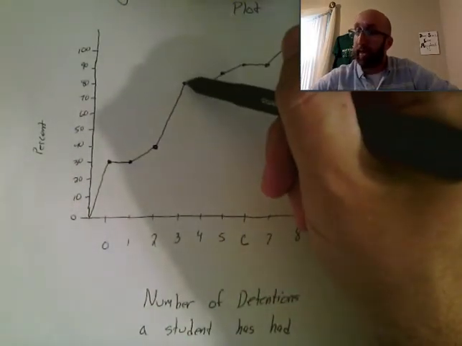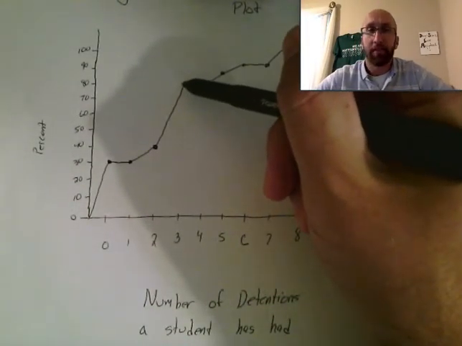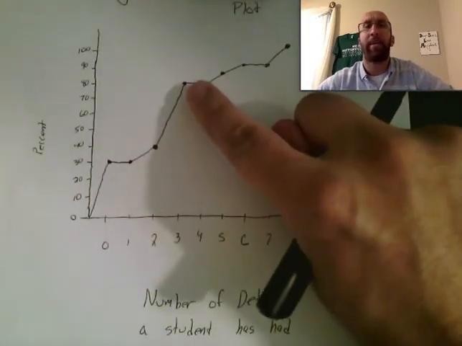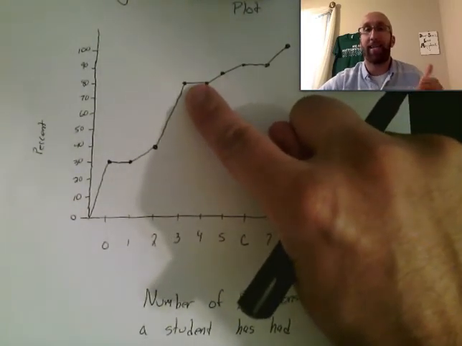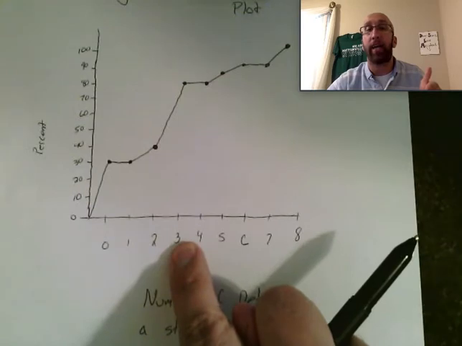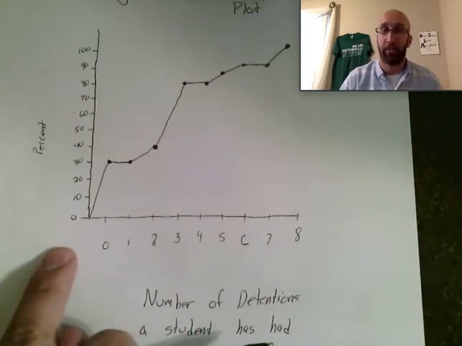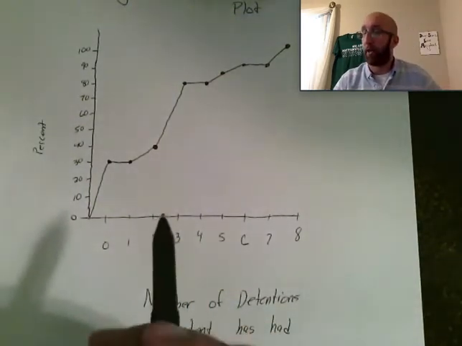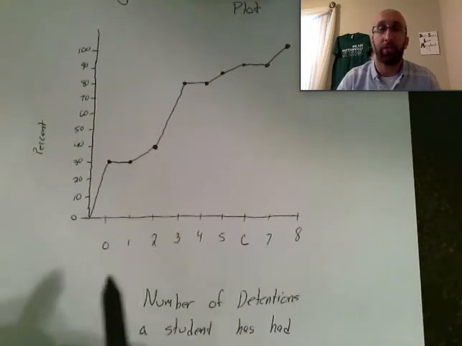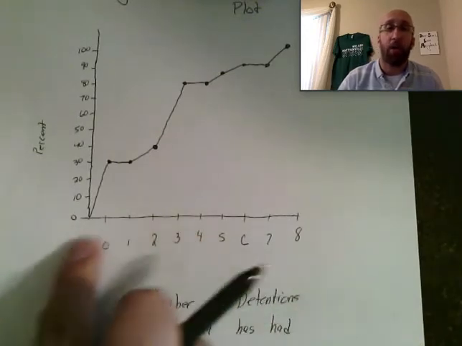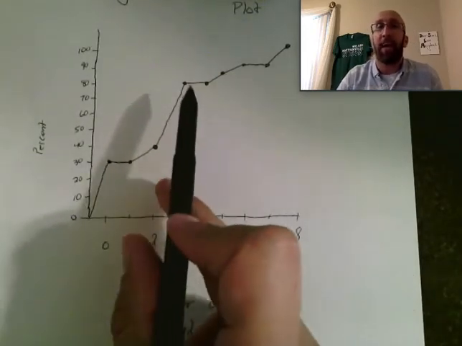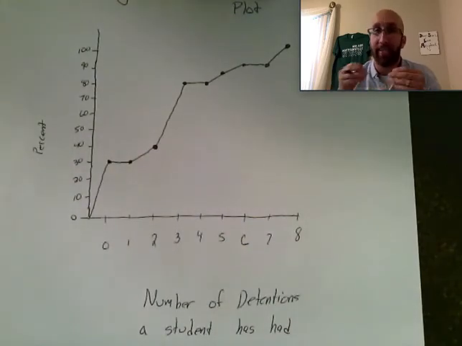When we look at 80% of our data at 3, what this means is 80% of my data set has had 3 or less detentions. So if I counted up how many total data points I have at 0 detentions, 1, 2, 3, and added all of them up, it would account for 80% of my data.